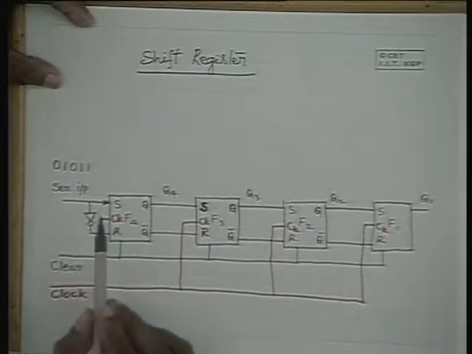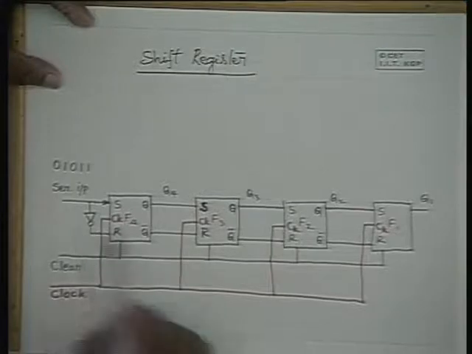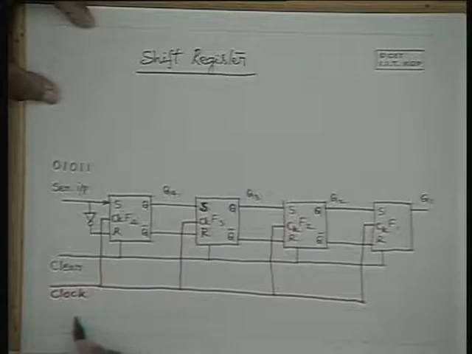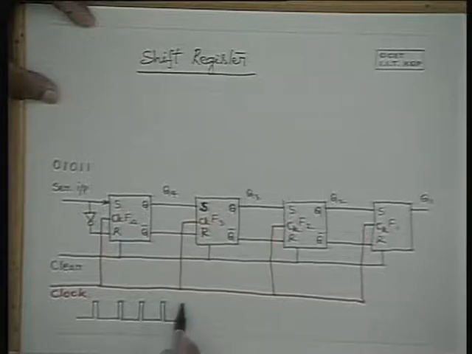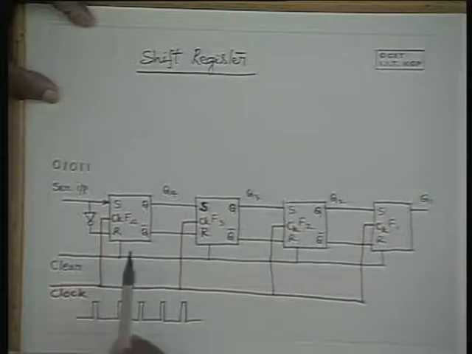So when this is done, let us see what happens to the circuit. As I mentioned earlier, the clock waveform is a pulsed waveform, like this. If it is a TTL shift register, you have to apply TTL high and low levels in order to get a good response from the circuit.